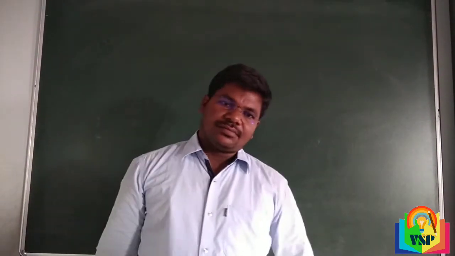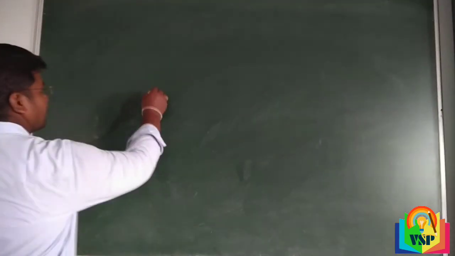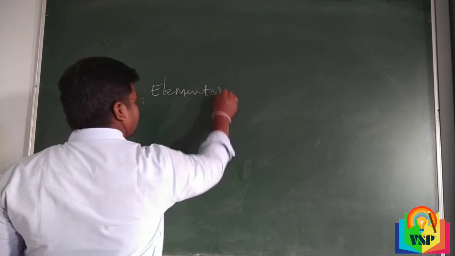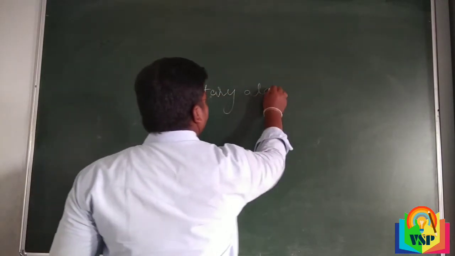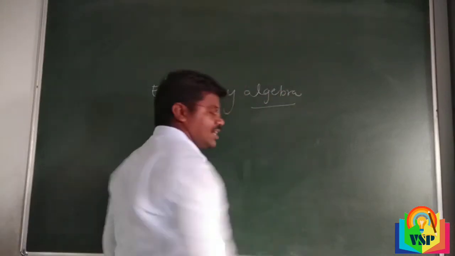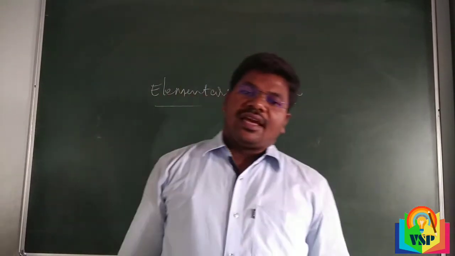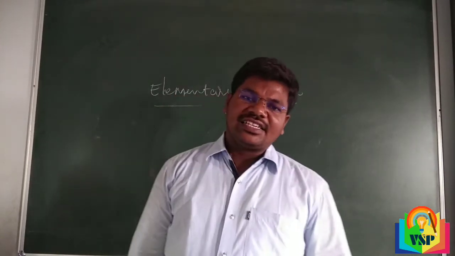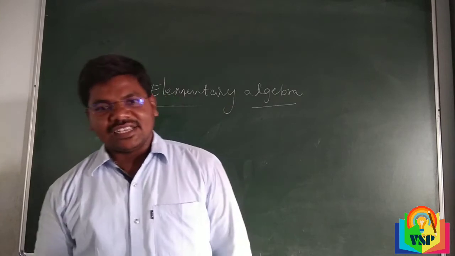Elementary algebra. An algebraic equation of second order is called a quadratic equation.